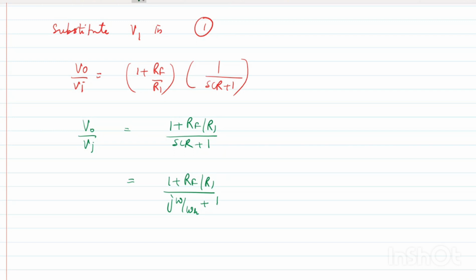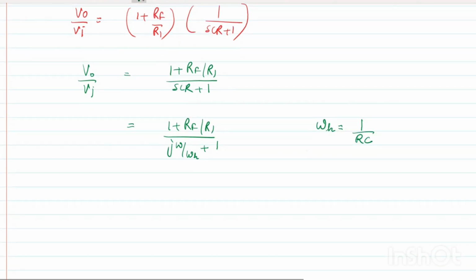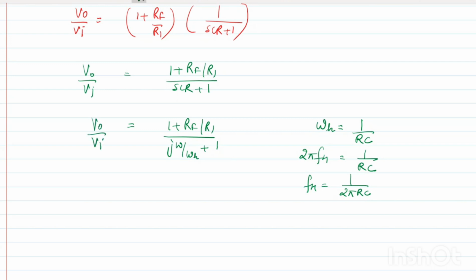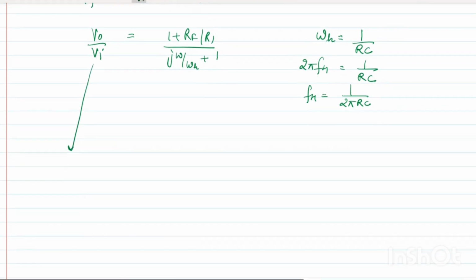S is your j omega और उसके divided by omega h is your cutoff frequency. So what is omega h from here? 1 by RC. And it is nothing but 2 pi into fh equals to 1 by RC, or fh equals to 1 by 2 pi RC. Right? इतना समझा? Yes, ma'am. Now from this only I'll tell you that हमने बोला it's a low pass filter.